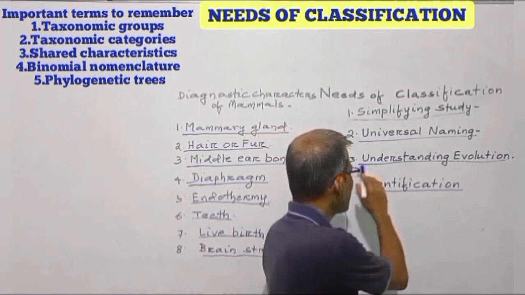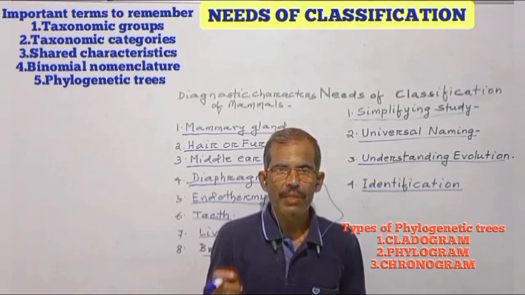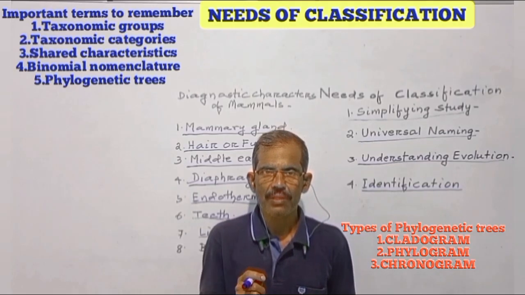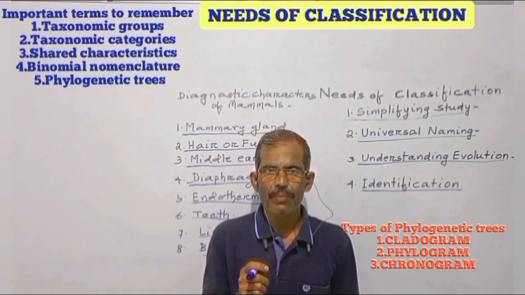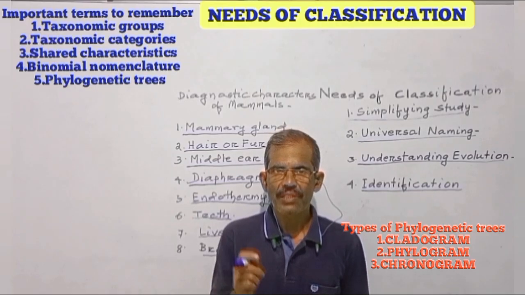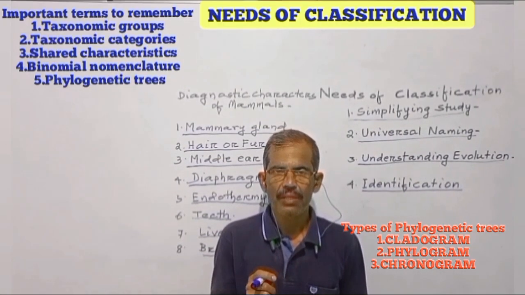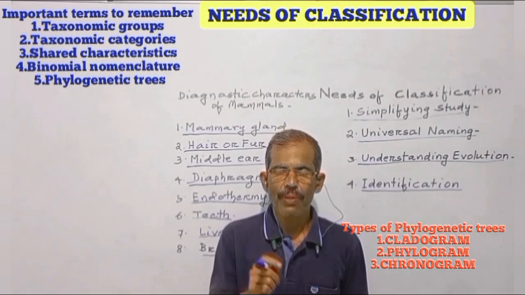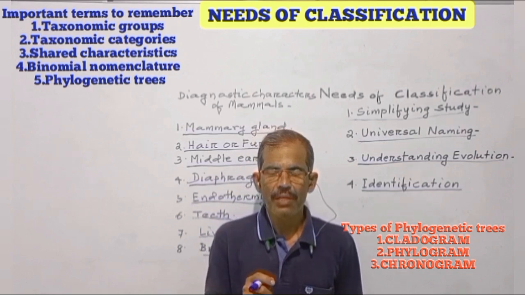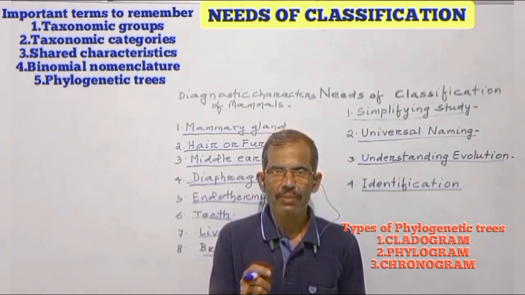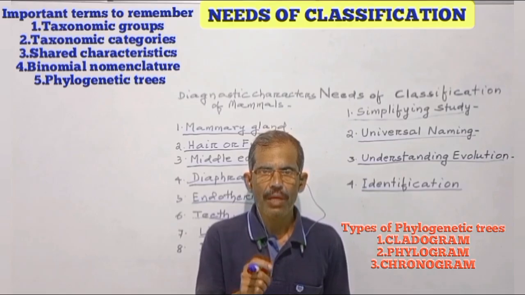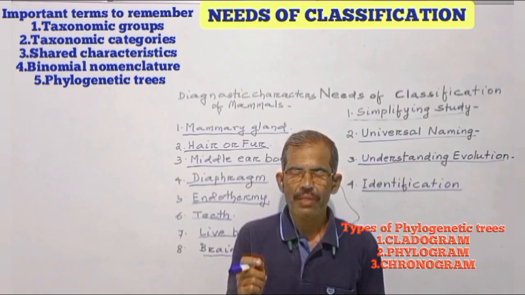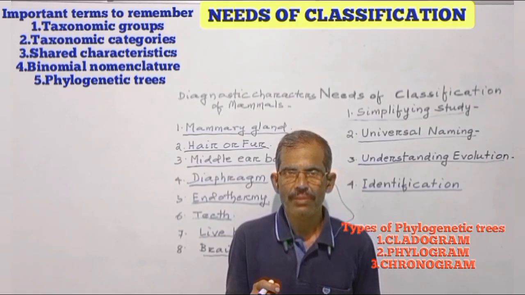Next one is understanding evolution. By dividing organisms into different groups based on their shared characteristics and placing them in a suitable category, classification helps us to understand the evolutionary history and relationship between different groups. As already said, all organisms of a particular taxonomy group have similar characteristics that indicate that they are evolutionarily related, having a common ancestor.